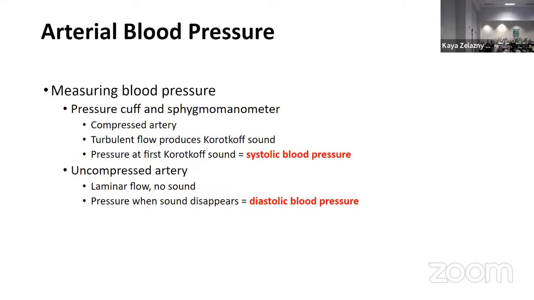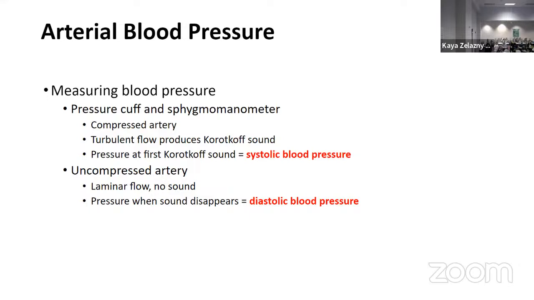And then we slowly release that pressure so that we can figure out what is the pressure in the blood vessel that is going to be greater than this pressure we're exerting on the arm with our blood pressure cuff. Okay. So we've compressed the artery with a blood pressure cuff. And then as we release pressure in the cuff, we're listening for sounds.